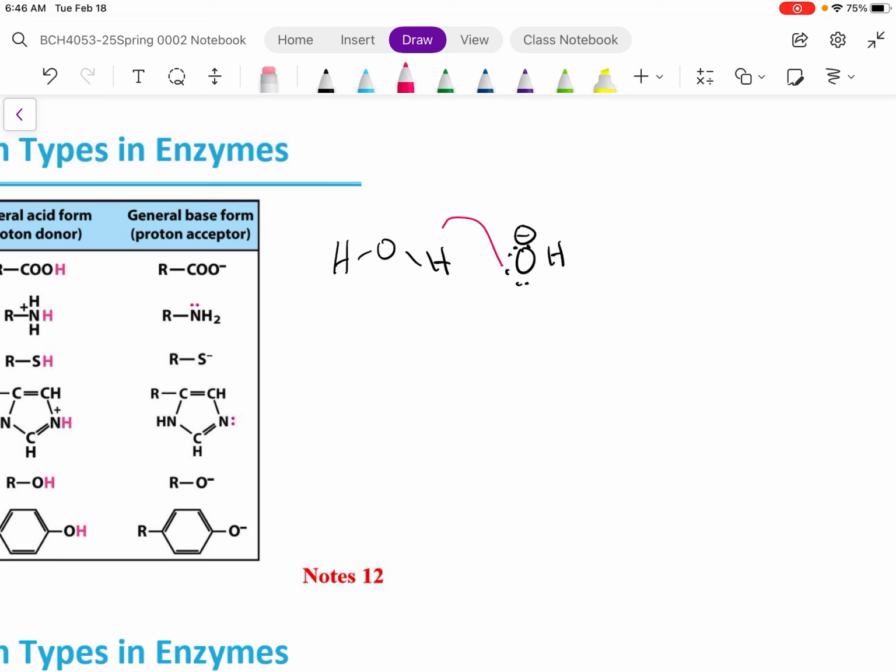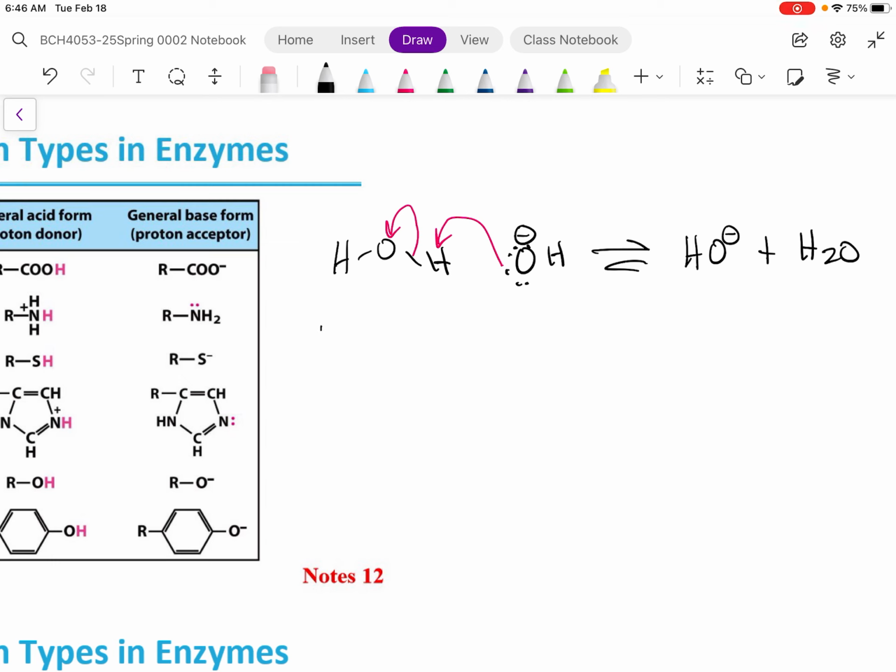We take the lone pair, grabs the proton, breaks the oxygen-hydrogen bond, and that's going to be a reversible process to give us hydroxide plus the new water molecule. Okay? That's what happens when you have water. That we have that equilibrium process, the KW. Okay, that's a proton transfer.